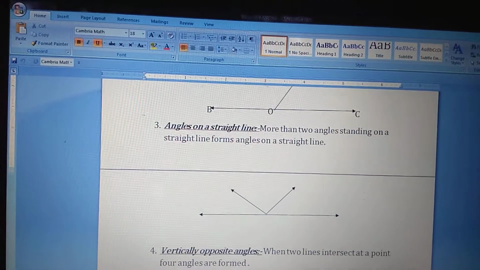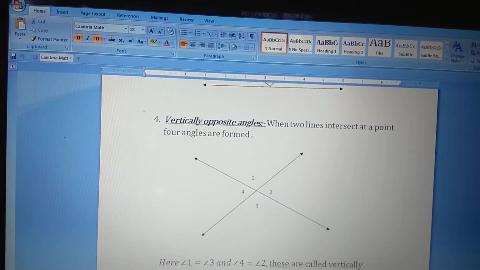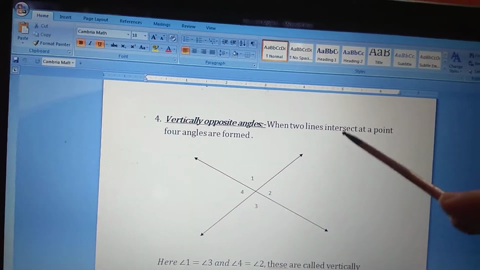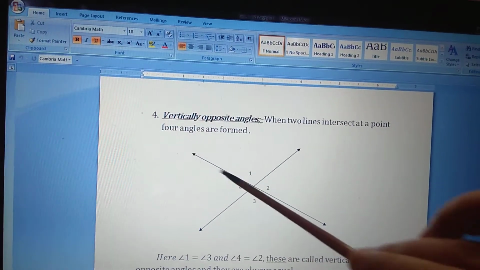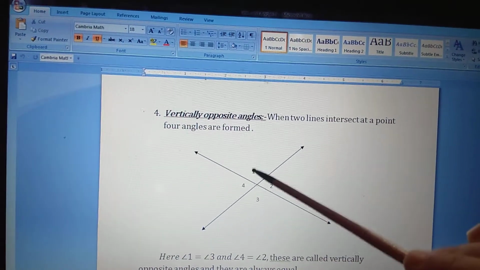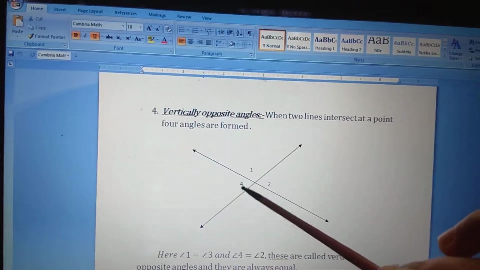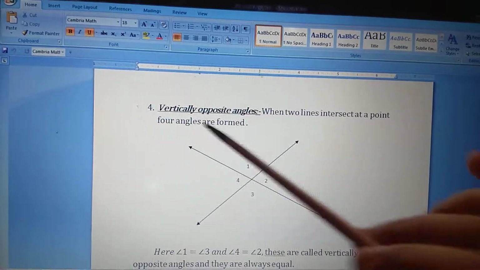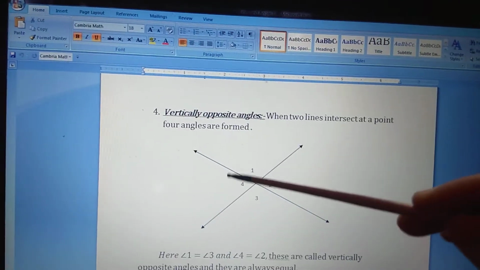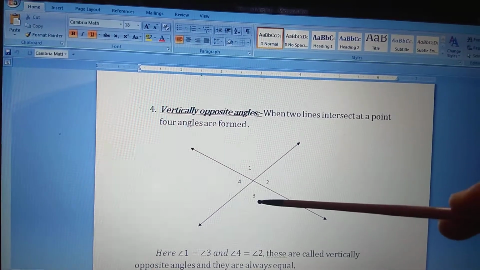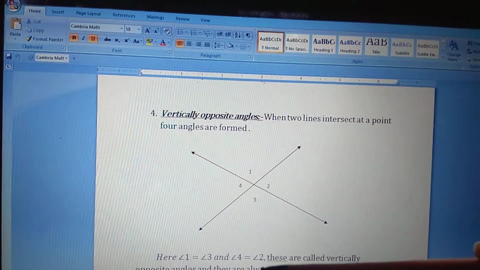Then we will come to number 4, vertically opposite angles. We know when 2 lines intersect at a point, 4 angles are formed. You can see here 2 lines are being intersected and here 4 angles, 1, 2, 3 and 4, are formed. Now what does vertically opposite mean? You can see here angle 1 and angle 3 are opposite to each other and angle 2 and angle 4 are opposite to each other.